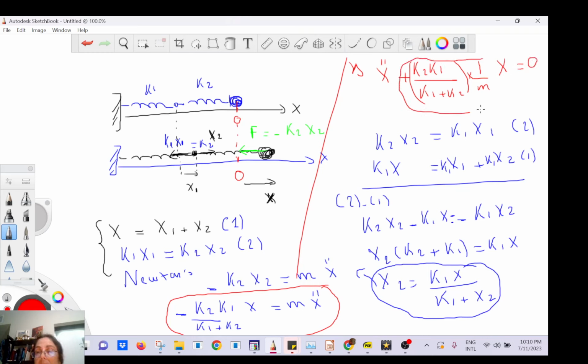So that here is my omega 0 squared. You can memorize it. If you have springs in series, it looks like resistance in series, like in electricity. So you can replace that by one big spring, and the new K equals K2 K1 over K1 plus K2.